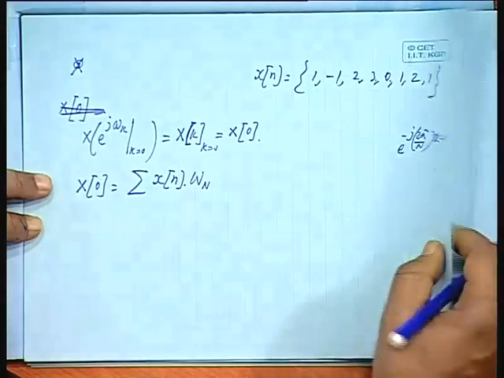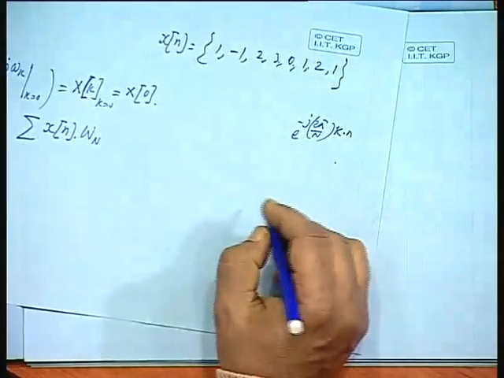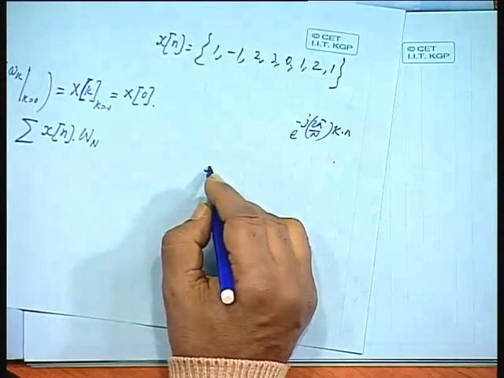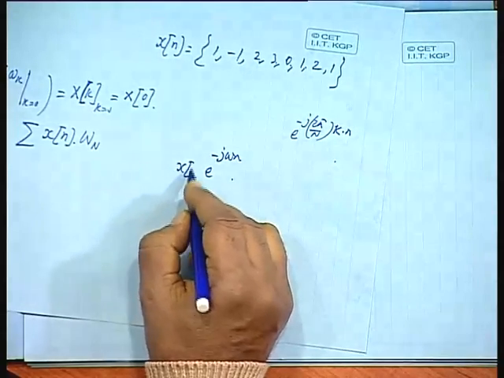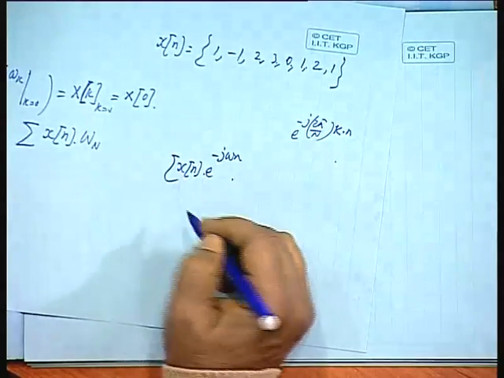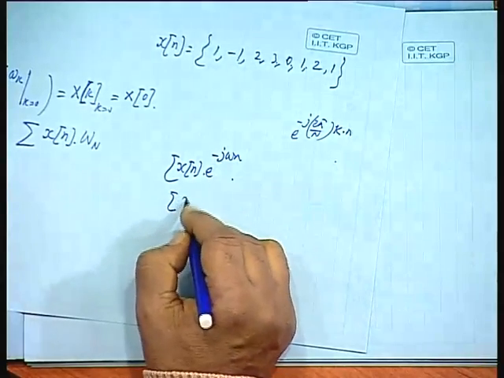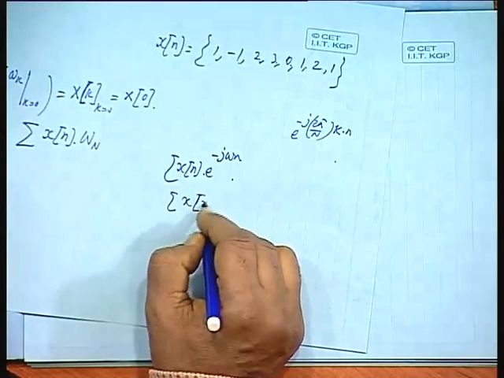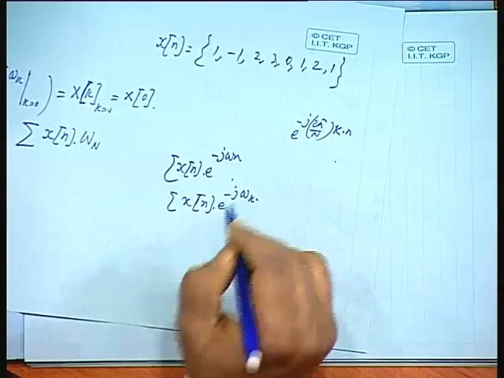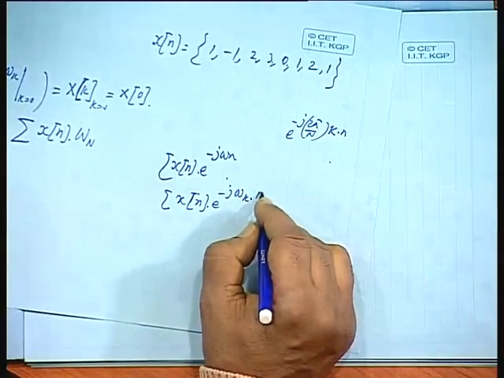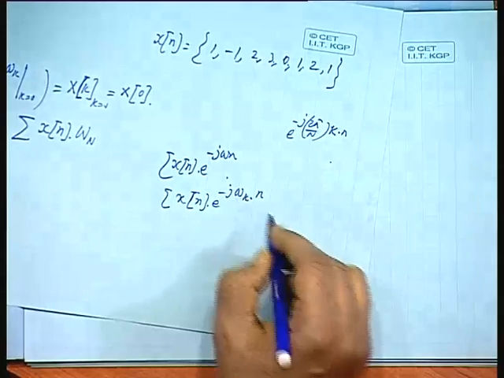If you look at it, we were multiplying by e to the power minus j omega n into x[n], is it not a summation like this? And what is it? x[n] e to the power minus j omega k into n. And what is omega k?